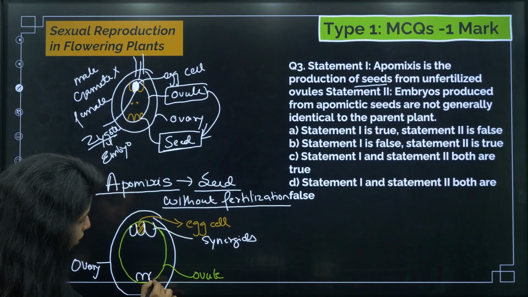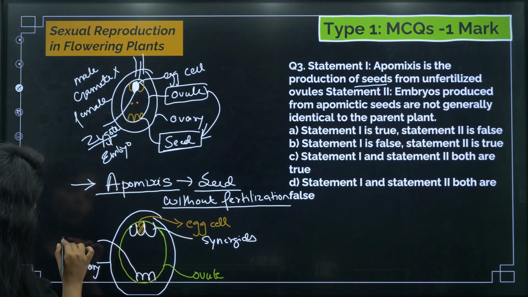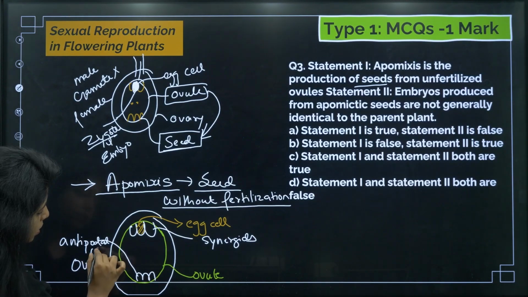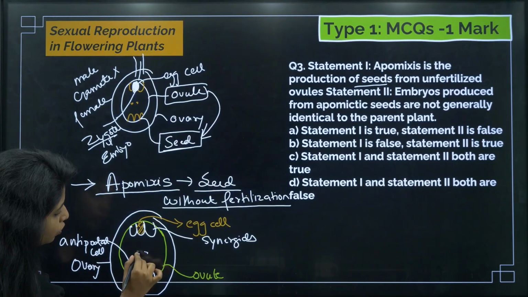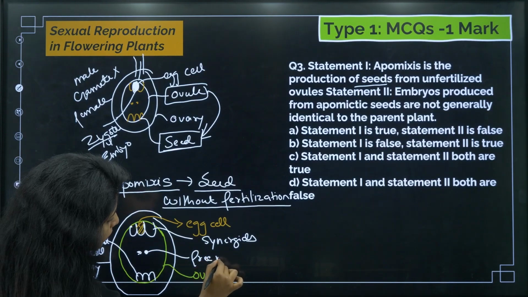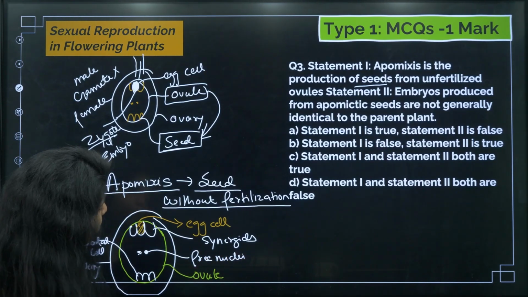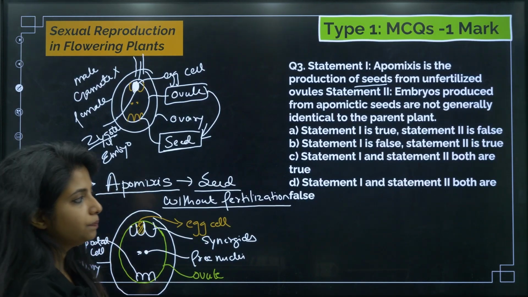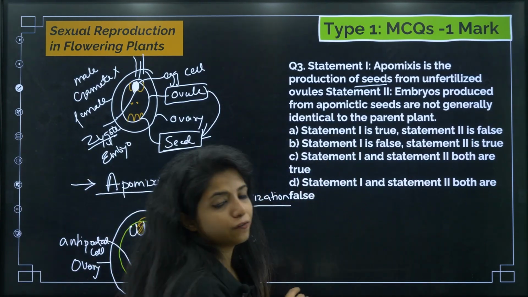Over here you have 3 cells again. These 3 cells you call antipodal cells, and then you have 2 free nuclei over here. So all the cells that you see over here usually are a result of meiosis.